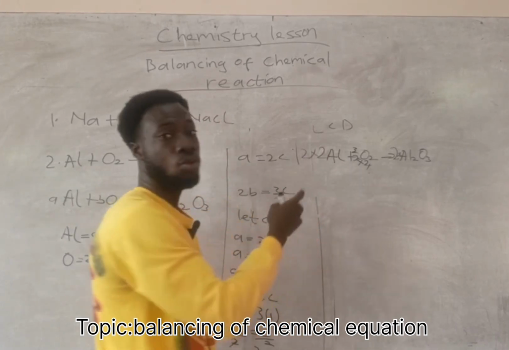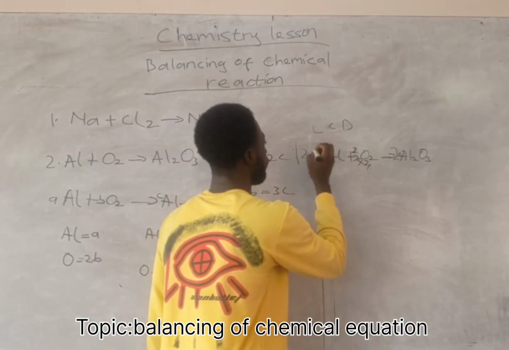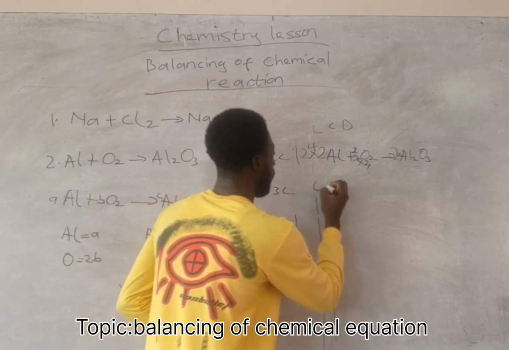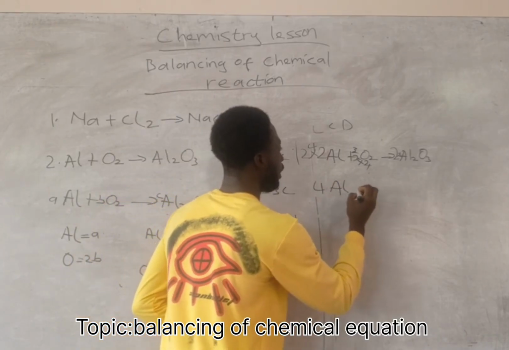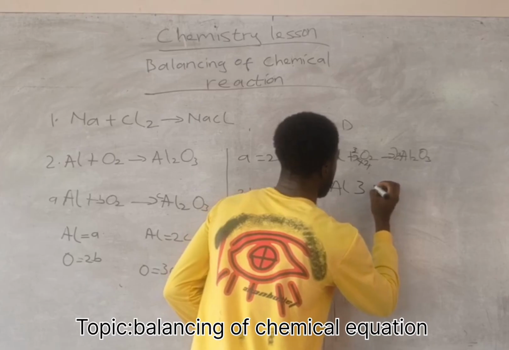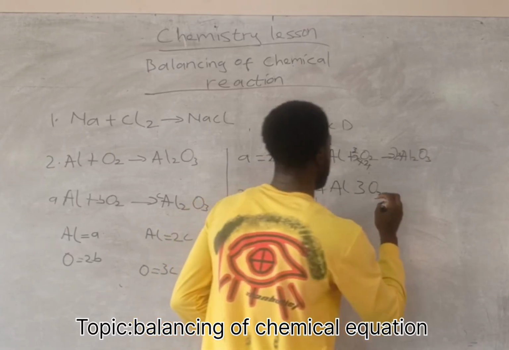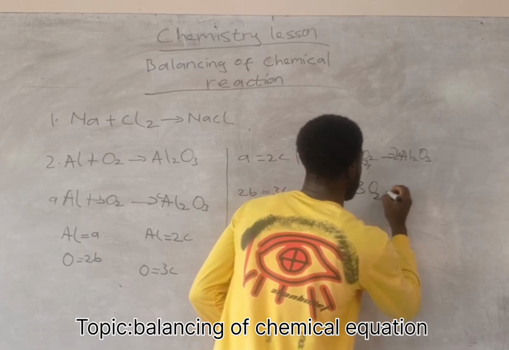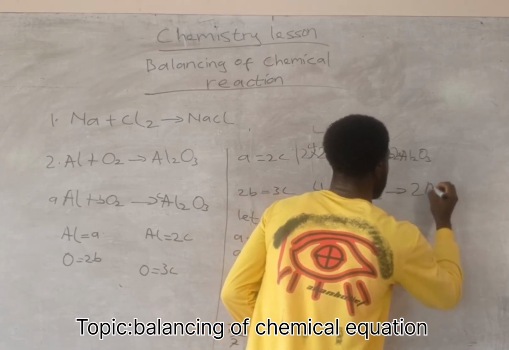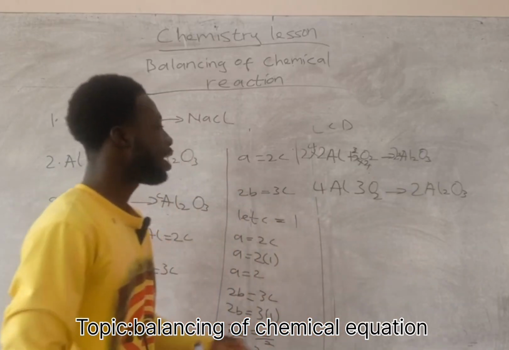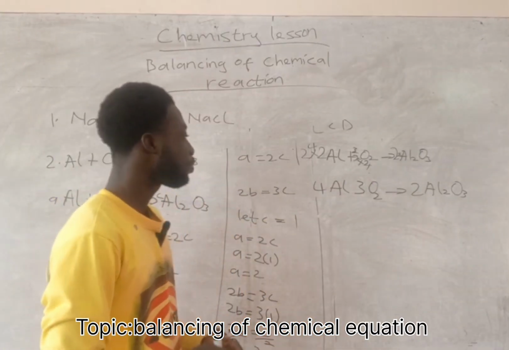Now, 2 times 2 will give you 4. So we have 4 aluminium. Then we have 3 oxide here. Sorry, this is 2. Will give you 2Al2O3.